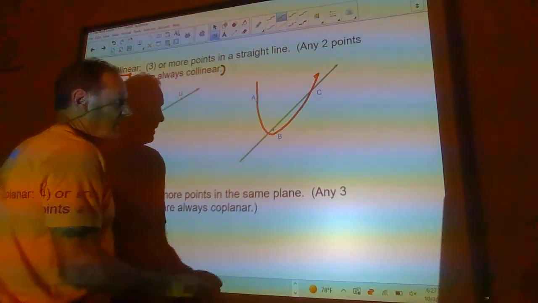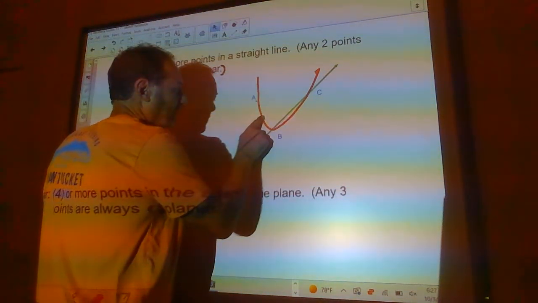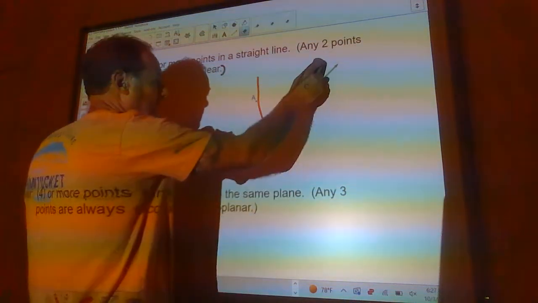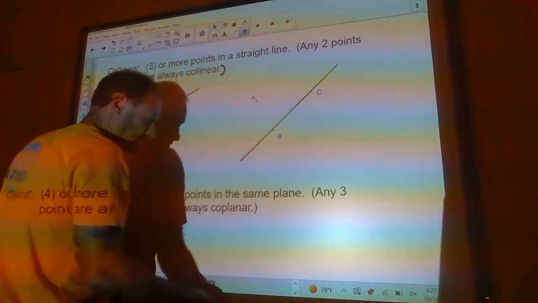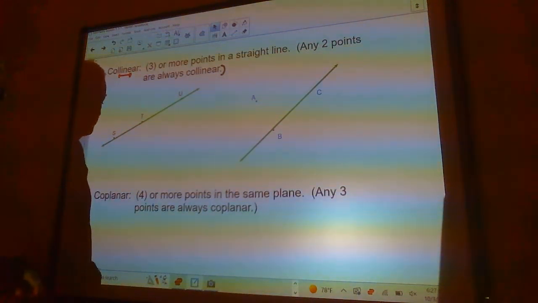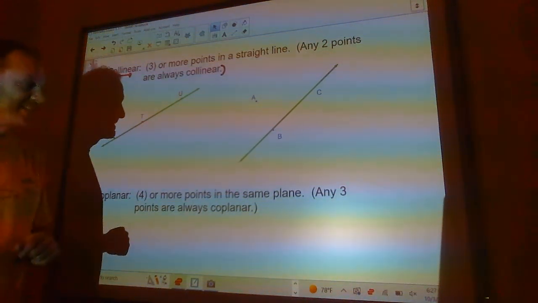And that's not going to happen. A line is straight. It has no curve to it. Sometimes lines are called curves, but they are straight.